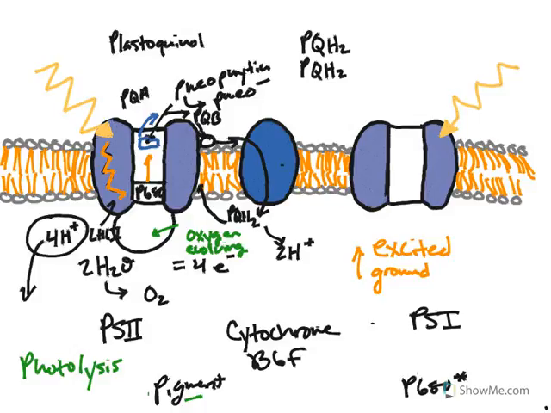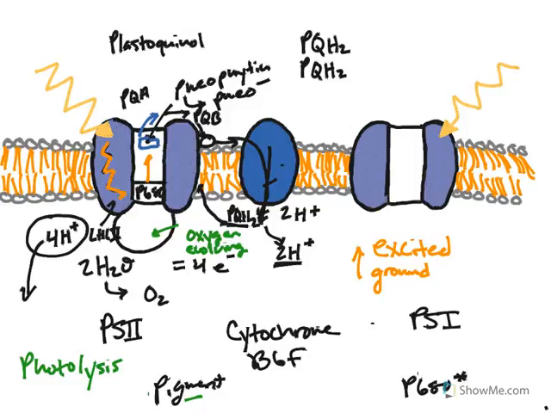As these electrons are handed off to our cytochrome B6F, just like cytochrome BC1 in the electron transport chain, this cytochrome B6F is a proton pump. So not only are 2 protons going to be dropped in from PQH2 dropping them off, but as these electrons travel through cytochrome B6F, 2 more protons are going to be pumped in.